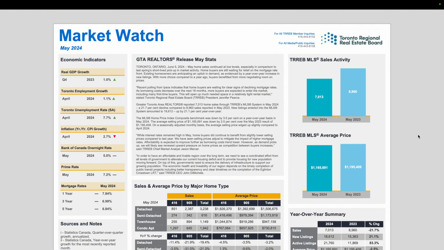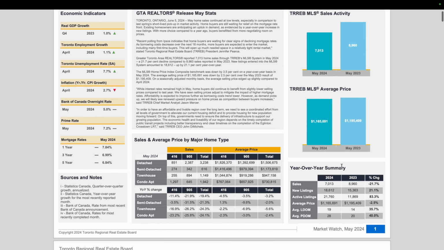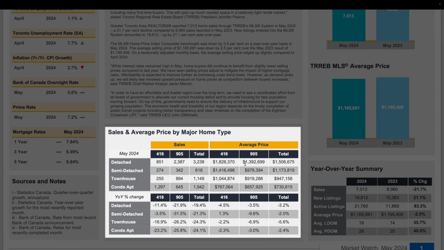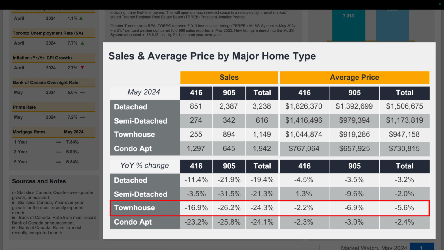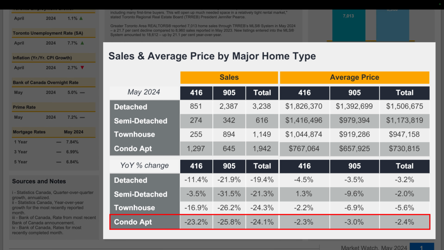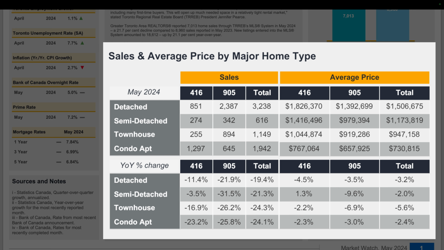We'll start with the Market Watch report provided by our real estate board. I'll start by looking at this table here. This table breaks down unit sales and average prices, showing the year-over-year change. It breaks down freehold into detached, semi-detached, and townhouse types, and only shows condo apartments, excluding condo townhouses, and distinguishes between the City of Toronto 416 and the rest of the GTA 905.